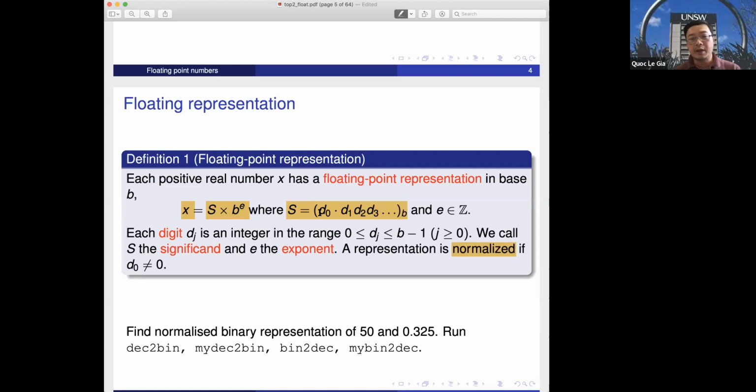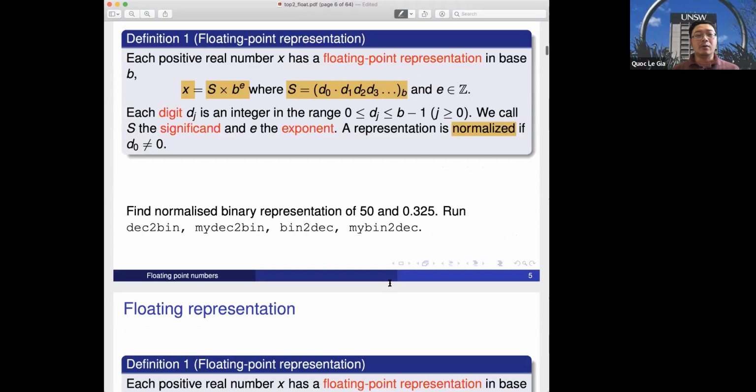Okay, but like 50, I wrote 1 point something, and it's a normalized number. Now in MATLAB they have a function that can convert a decimal number into a binary number. They call it dec2bin. You can play around with this, and it gives you a way to find the representation. Otherwise, you can find it by hand. Okay.